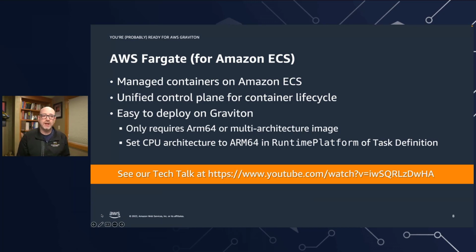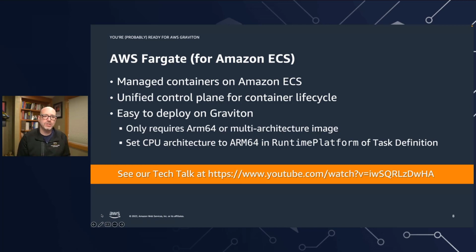So in order to use Graviton very easily with your containers, all you have to do is create an ECS cluster and create a task definition that declares the essential aspects of your task. For example, the image, the ports that it's listening on, how much CPU and memory the application needs, any volumes, environment variables, and so forth.